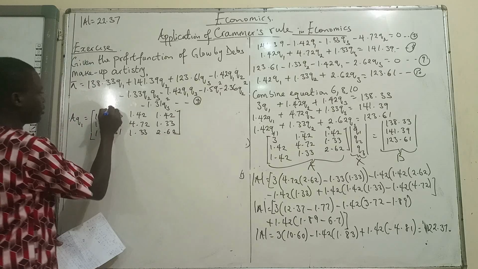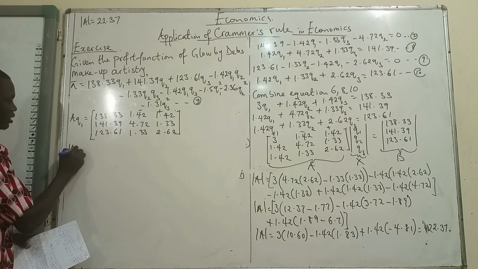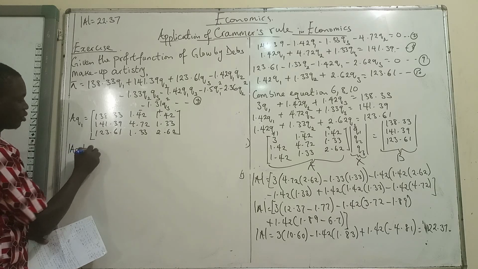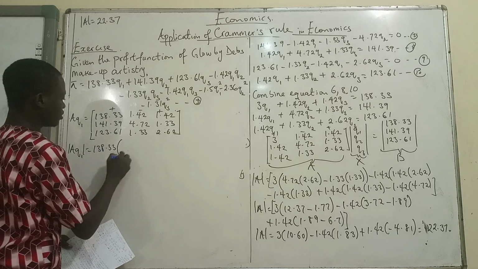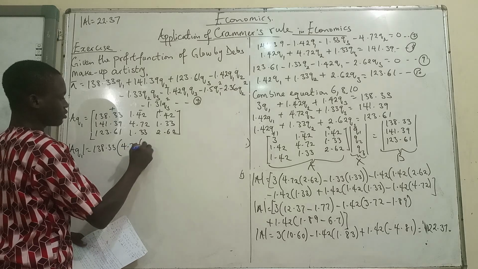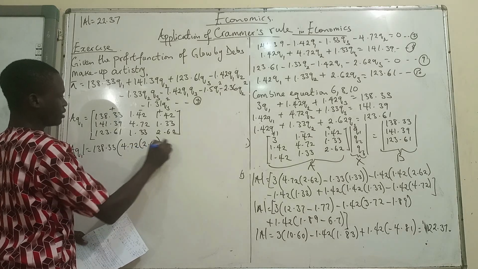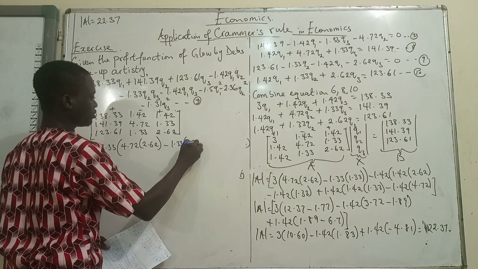Okay, so this is plus minus plus. And the determinant of AQ1 is going to be 138.33 into brackets, 4.72 into bracket 2.62 minus 1.33 into bracket 1.33.